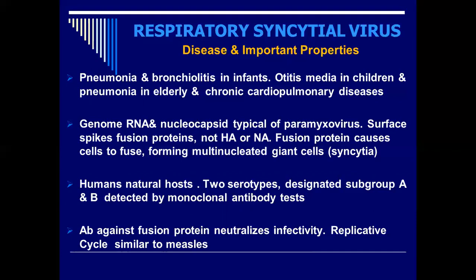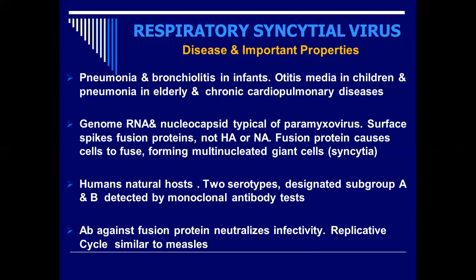Humans, as in the case of measles and mumps, are the natural host. We have two serotypes, subtype A and B, and these serotypes are detected by monoclonal antibodies. Monoclonal antibodies are highly specialized antibodies raised against highly specific antigens.